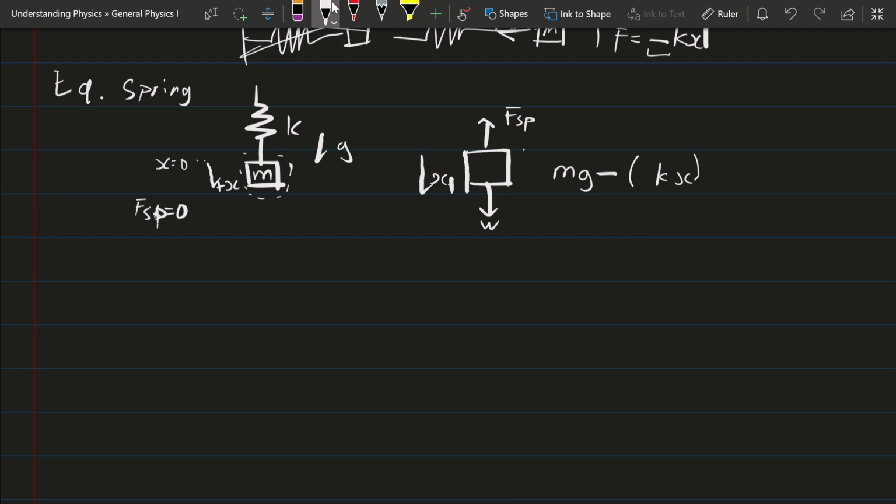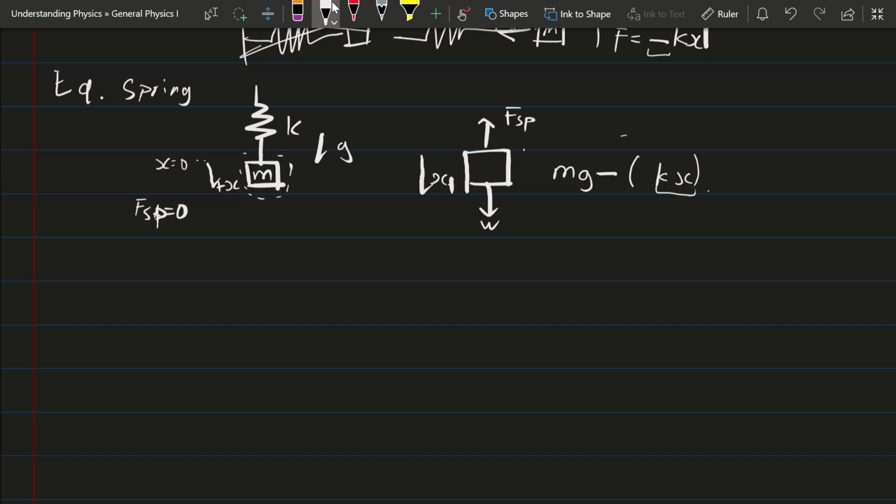Well, technically it is not the negative kx, instead it is kx. So you really need to be careful about the sign that you use. But the easiest way for you to think about this is that you need to remember the direction, and so this will only discuss the magnitude. And so if you check this to be negative, the force of the spring should later be positive.